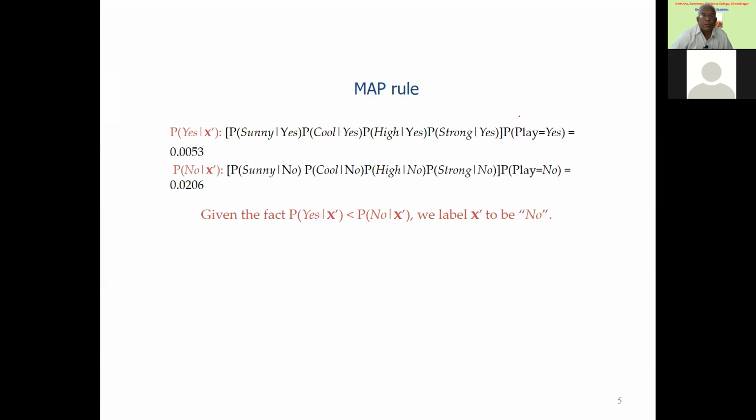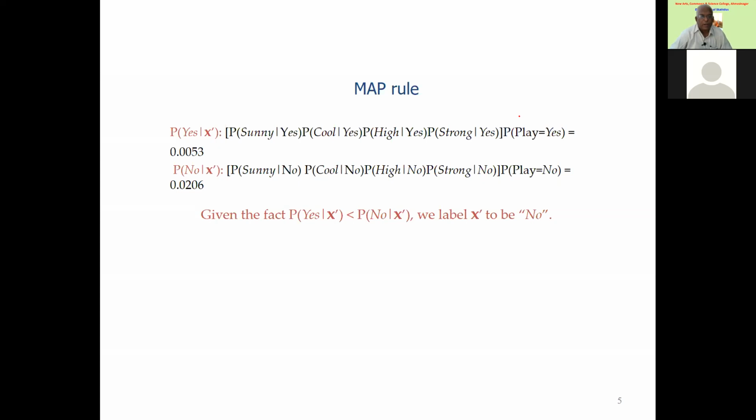That means probability of sunny day, I should play, into probability cool temperature, I should play, probability high humidity, I should play, probability strong wind, I should play. So all these are the conditional probabilities and they are treated as independent, into the probability with which I can play, right? So if you compute this, this is 0.0053.